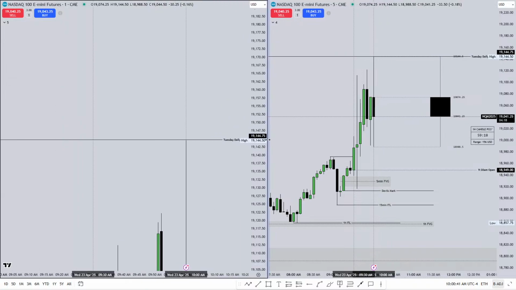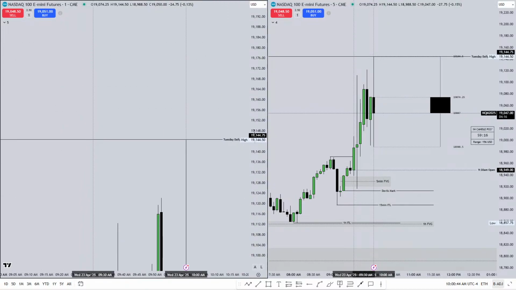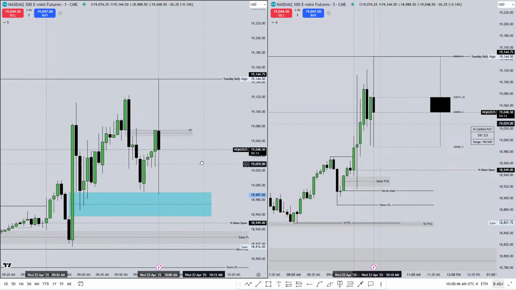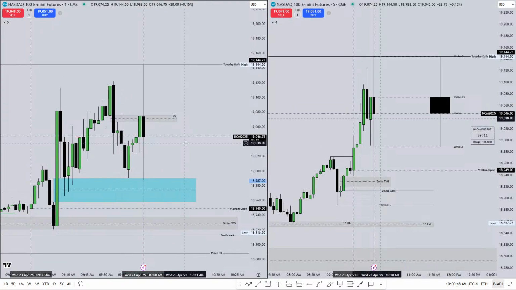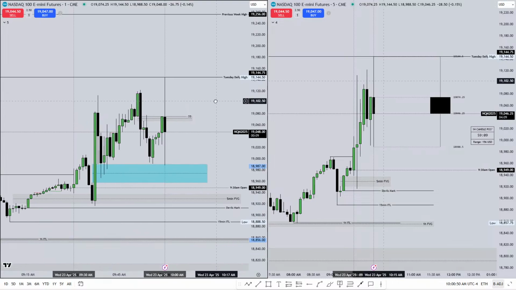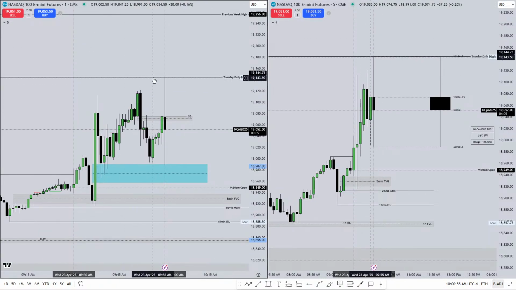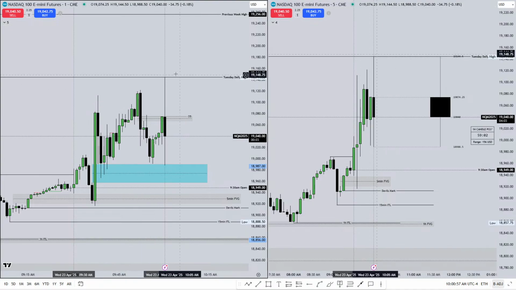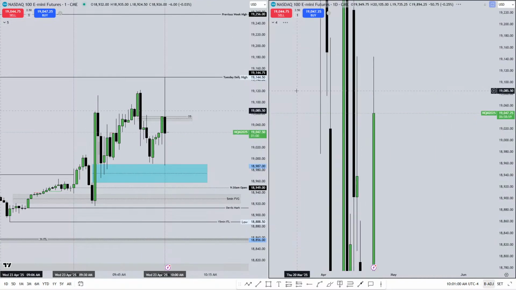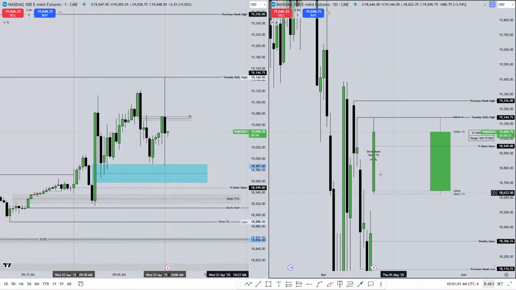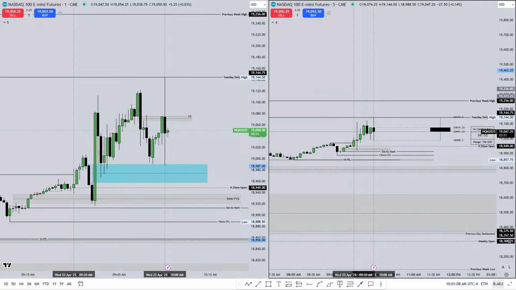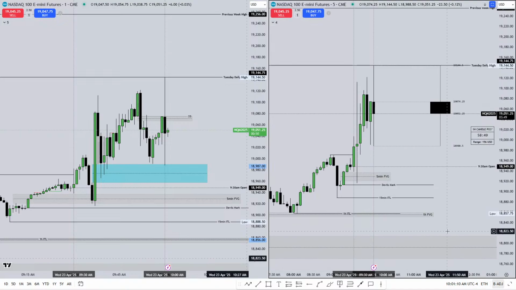Oh my gosh, it fell short. So now there still is SMT, but there's perfect equal highs at a daily high right there. So even though there is SMT, I would feel more comfortable waiting for that to get hit.